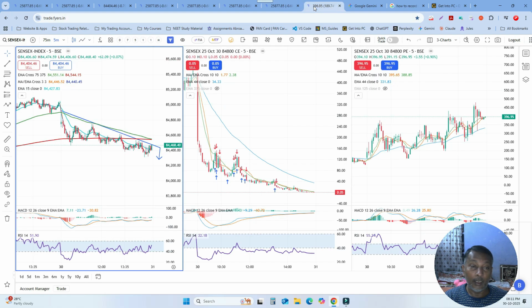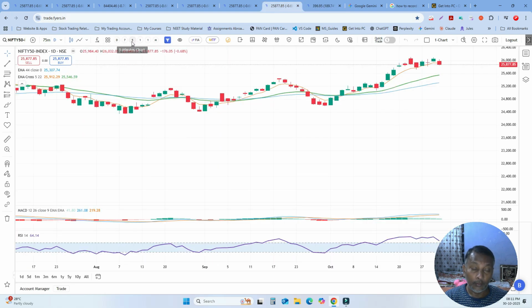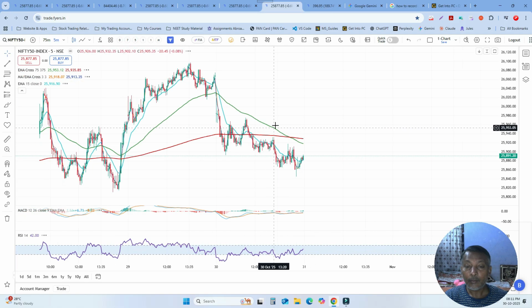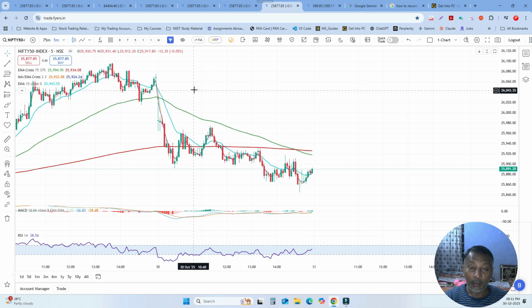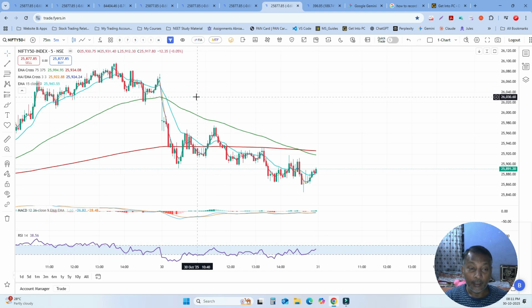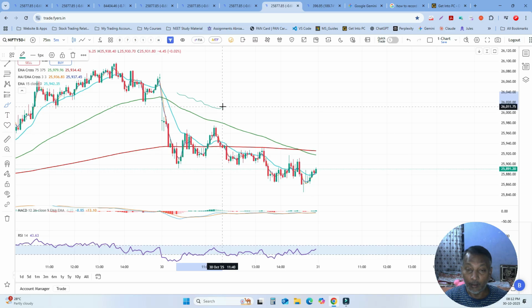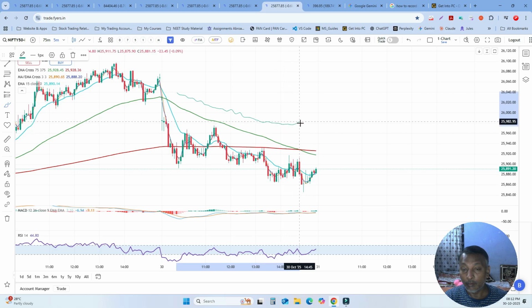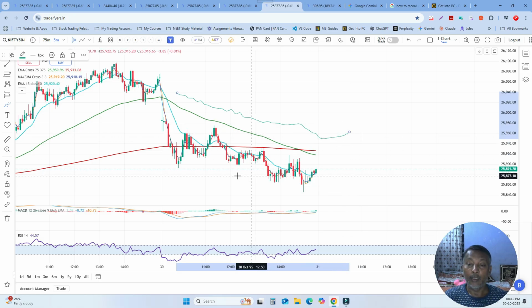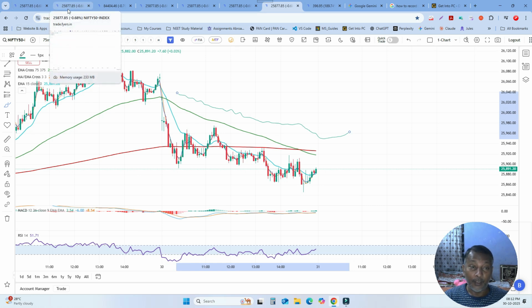I will draw it and show you. Instead of coming like this, I thought the market would come like this. Please notice the difference between the actual market and the one I expected.